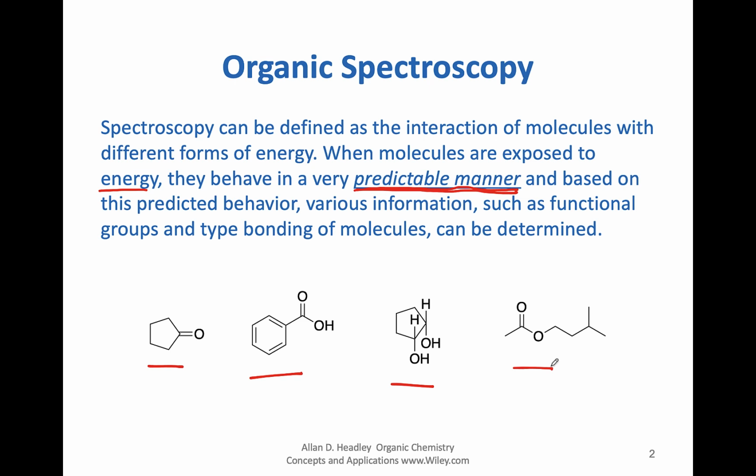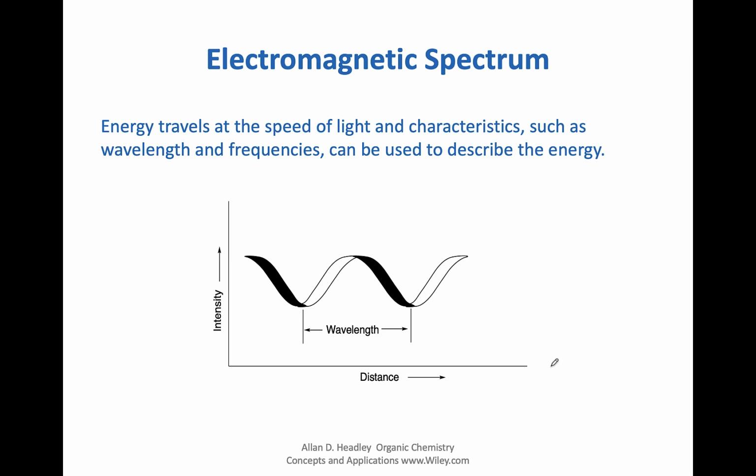Based on these different interactions, we will get specific information about the structure of these molecules, and we can put those bits and pieces of information together to determine the structure of the molecule.